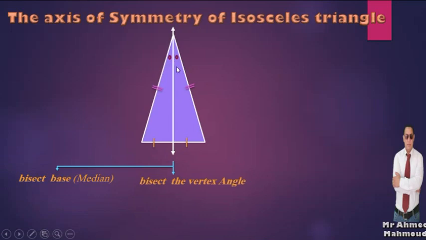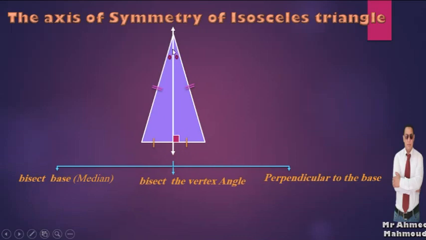The third property: it is perpendicular to the base. Why? Because here we have a straight angle. This straight angle is divided by the axis of symmetry into two equal angles, each of them 90 and 90. When the line makes a right angle with the base or with the line segment, we say that this line is perpendicular to this line segment. Then the axis of symmetry here is perpendicular to the base.